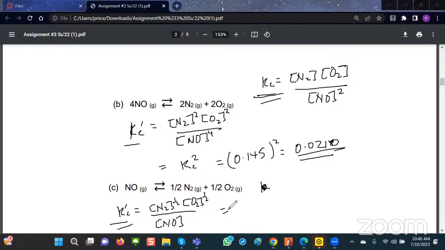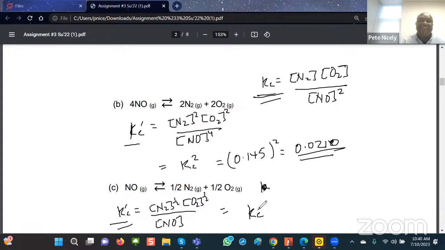Kc prime equals Kc to the half power. Exactly, Kc to the half power. So now it is 0.145 raised to the half, and according to my calculations, this works out to equal 0.381. All right, so that's the answer for the C part.